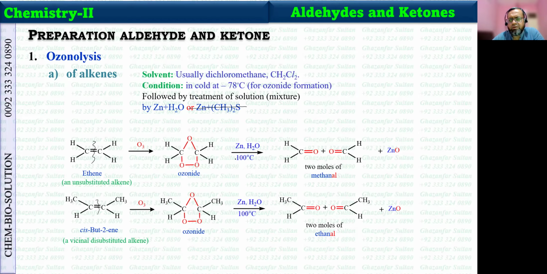So actually, I don't know why our book has written this 100 degrees Celsius, but as it was written in the book, I have incorporated it in my lecture. But actually, these are the conditions required for such a reaction, where no heating is required in either reagent. So this 100 degrees is not true.